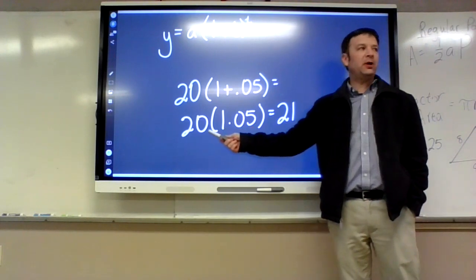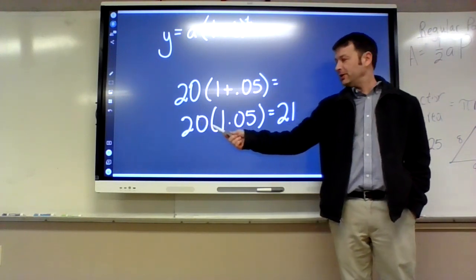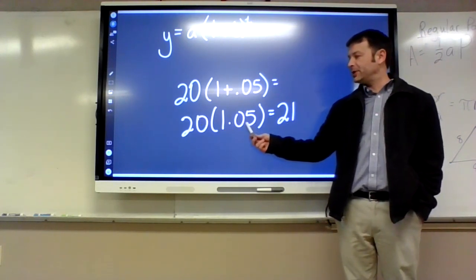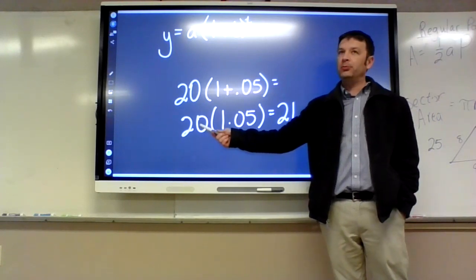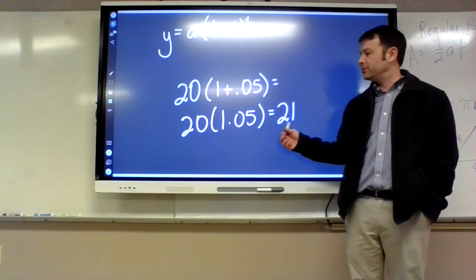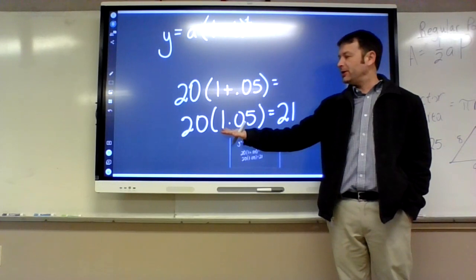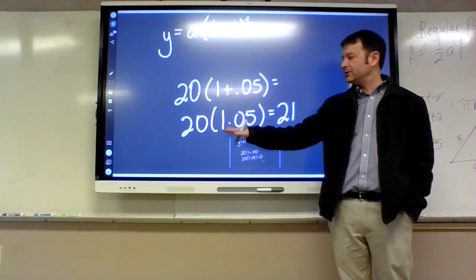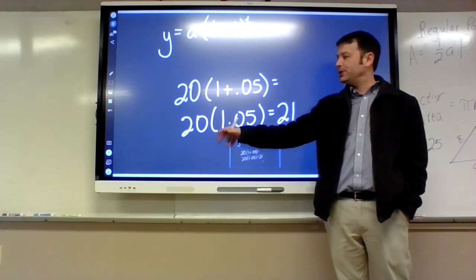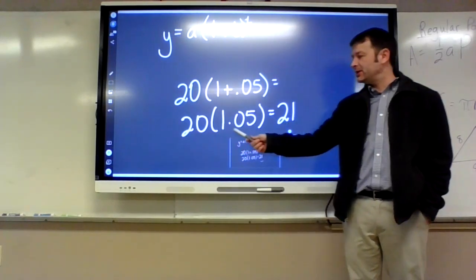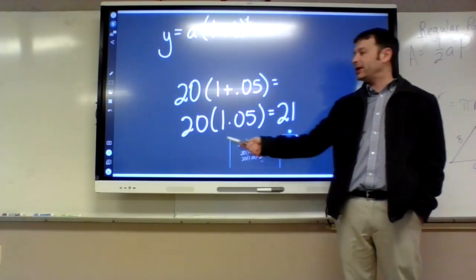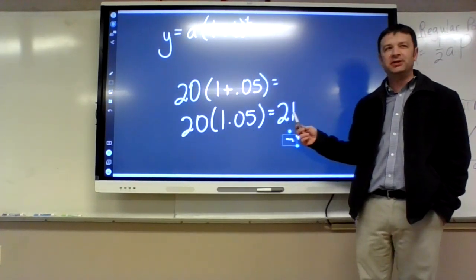When you multiply by 1, that gives you the 20 back. When you multiply by the extra 5%, 0.05, that gives you 1 more than that. So you get 21. So if you increase by 5% and you multiply by 1.05, you don't have to add the 1 back to it, it's already in there. Does that make sense?